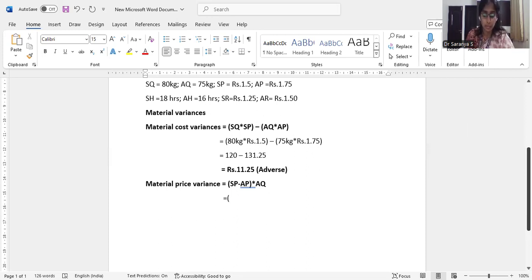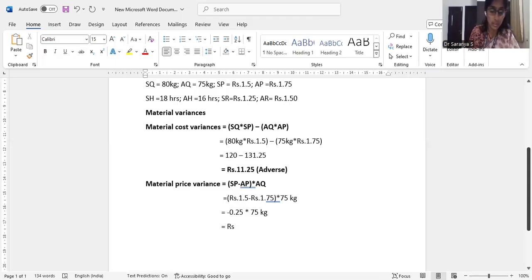SP is 1.5 rupees, 1.5 minus AP, which is rupees 1.75, into actual quantity, which is 75 kg. So 1.5 minus 1.75 is minus 0.25, into 75 kg. So here also the answer is coming in minus.